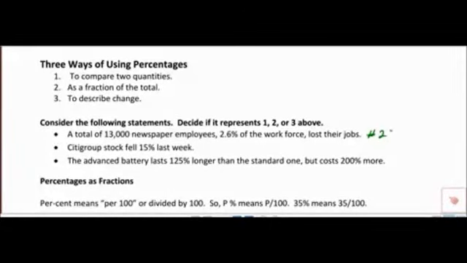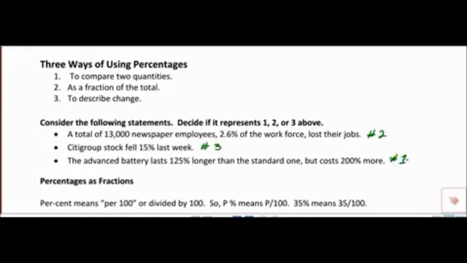That's describing a change. What happened with Citigroup stock? Well, we refer to that as a change. It fell 15% last week. So that would be number 3, describing a change. And the advanced battery lasts 125% longer than the standard one, but costs 200% more. That's a comparison of two quantities. So that would be number 1.